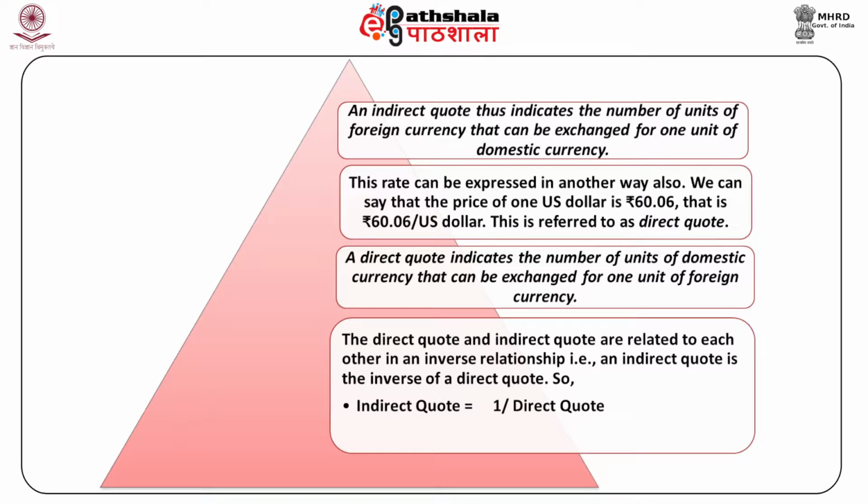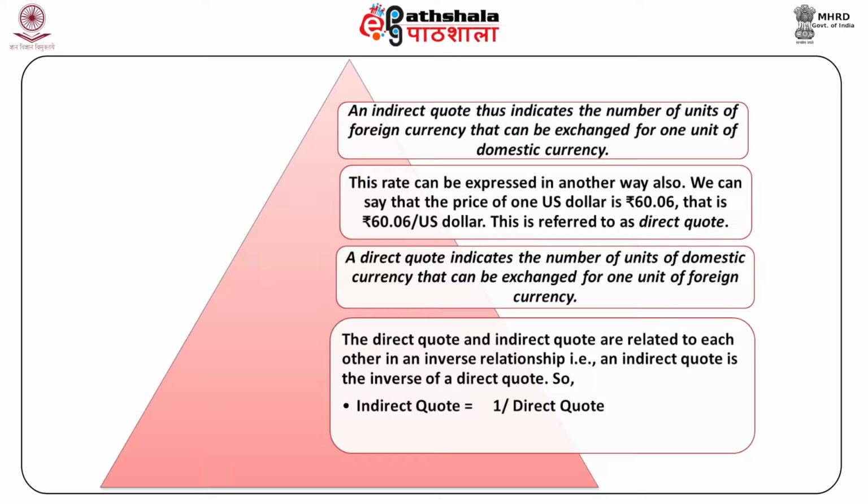We can say that the price of 1 US dollar is 60.06 rupees, that is 60.06 per US dollar. This is referred to as a direct quote. A direct quote indicates the number of units of domestic currency that can be exchanged for 1 unit of foreign currency.